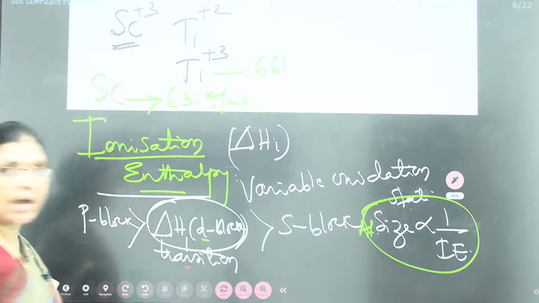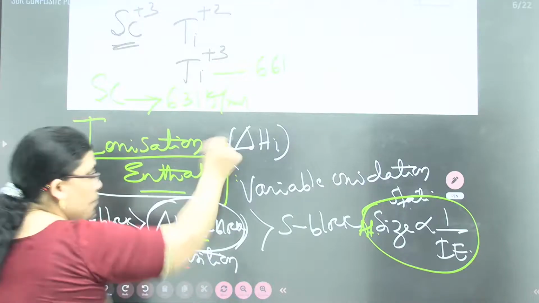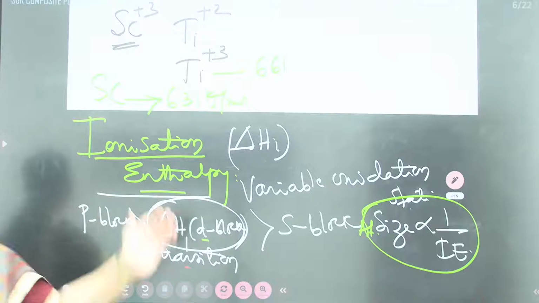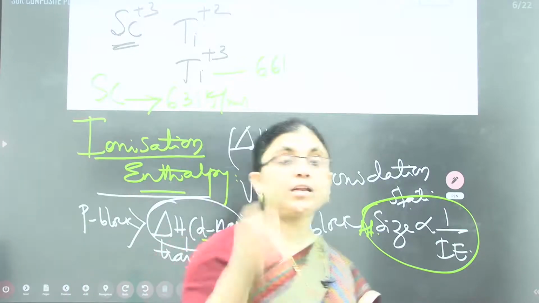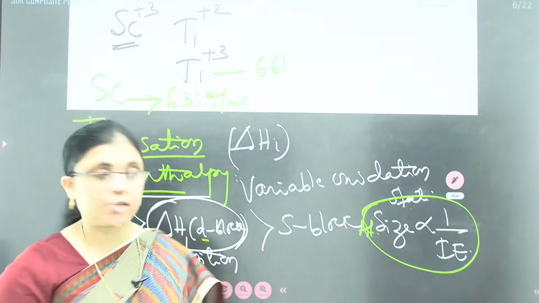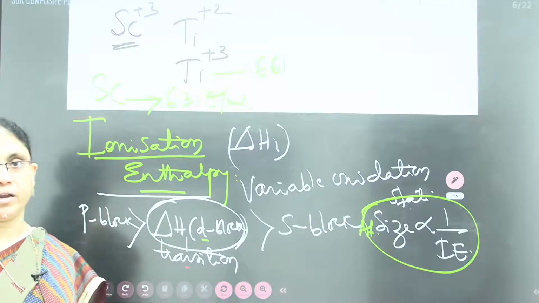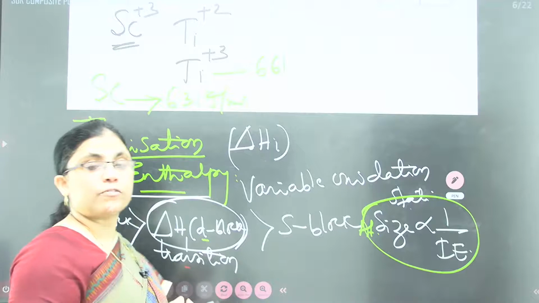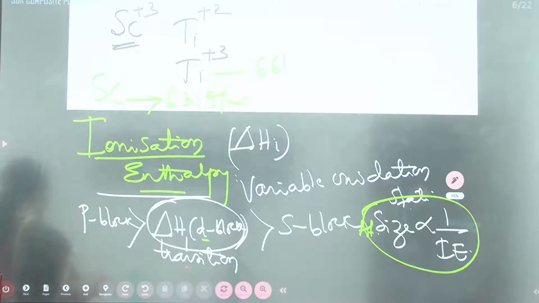Another point: they decrease up to chromium and then remain the same up to copper. That's why from manganese to copper there will be no much variation in ionization enthalpy, because atomic size remains constant.